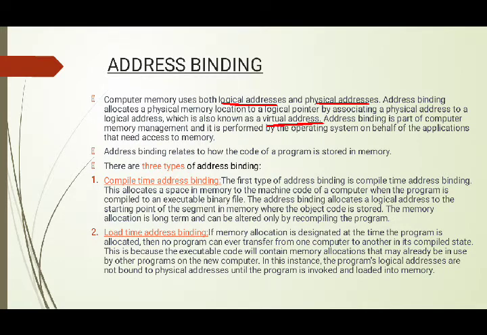Address binding is a part of computer memory management and it is performed by the operating system on behalf of the application that needs access to memory. Address binding relates to how the code of a program is stored in memory.